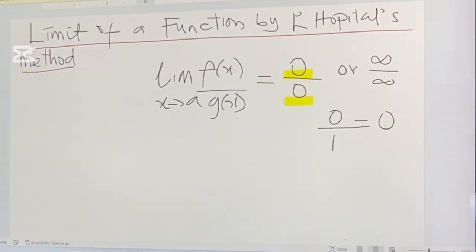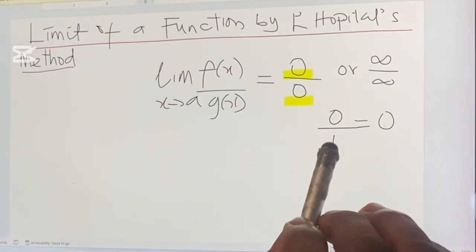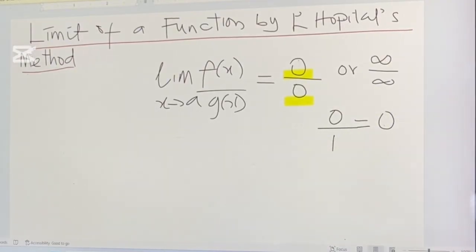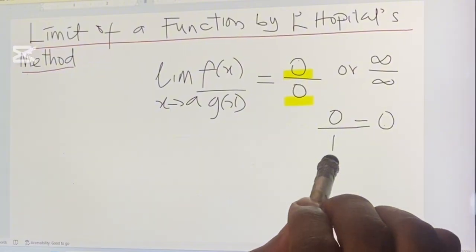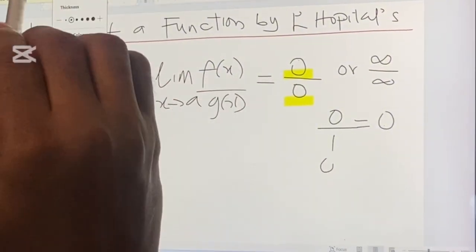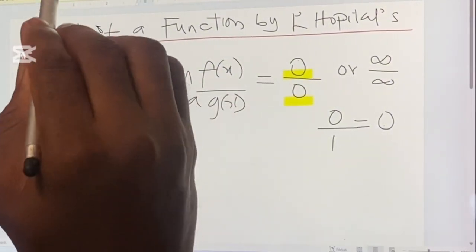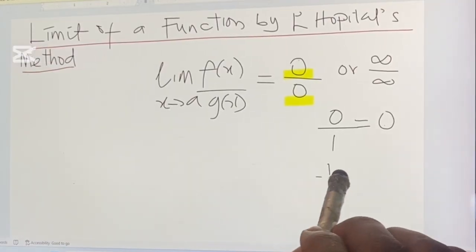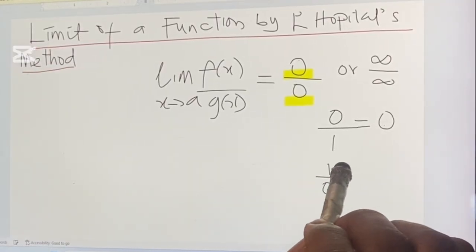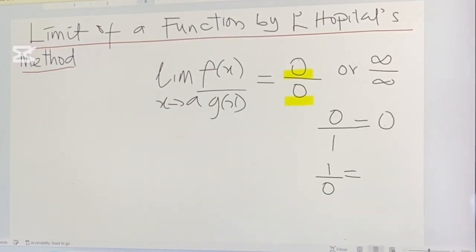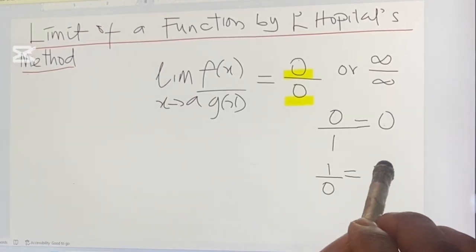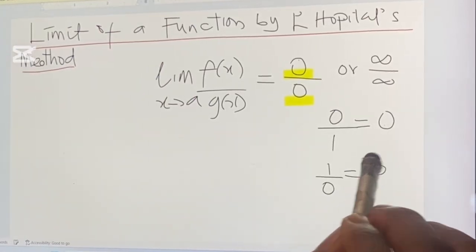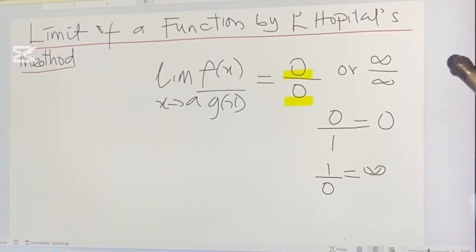But if you replace the value of s and you have 1 at the numerator and 0 at the denominator, this is not indeterminate. The answer to this will be infinity, which is undefined. Class, please take note of this.